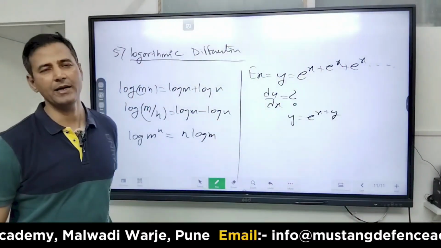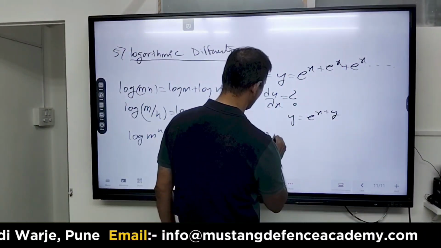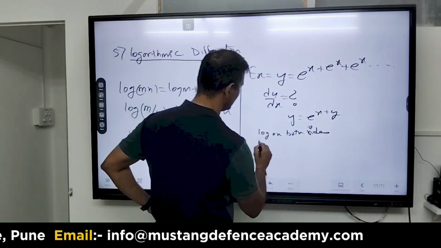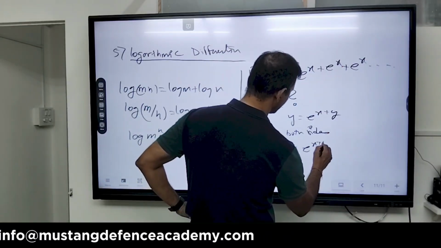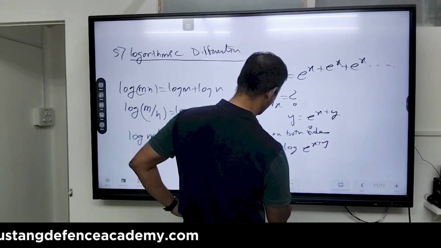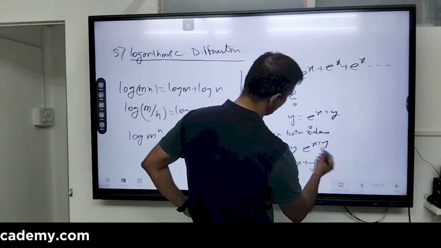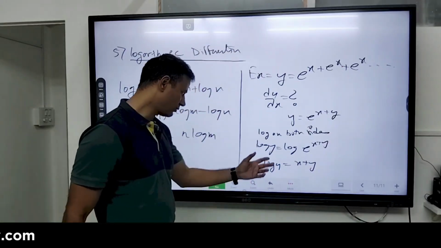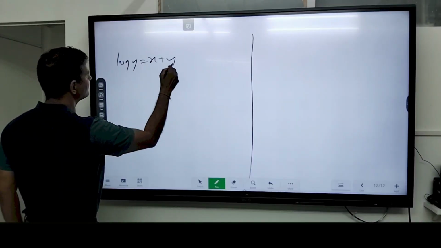Let us take log on both sides. We will get log of y is equal to log of e raised to x plus y. So log of y is equal to (x plus y) log e, which is equal to 1. So log of y is equal to x plus y.